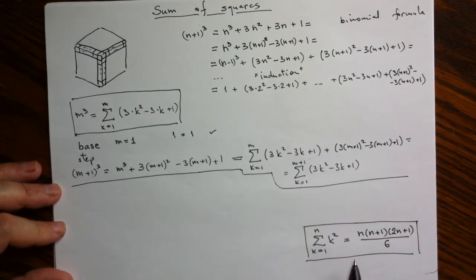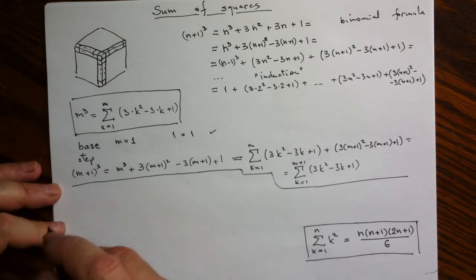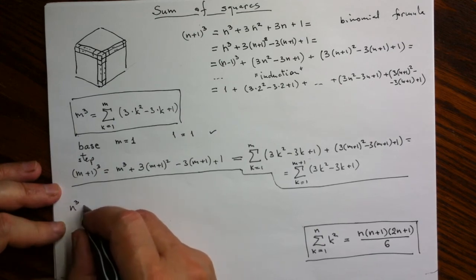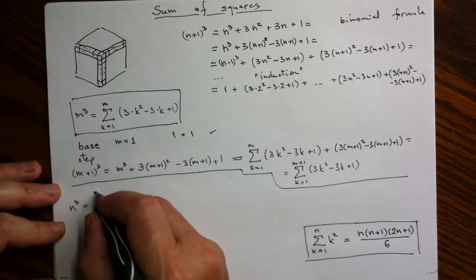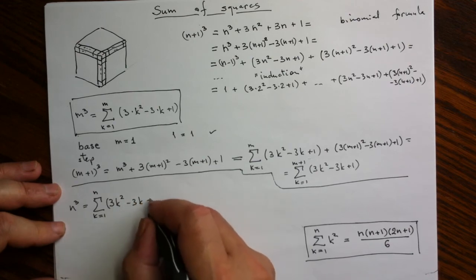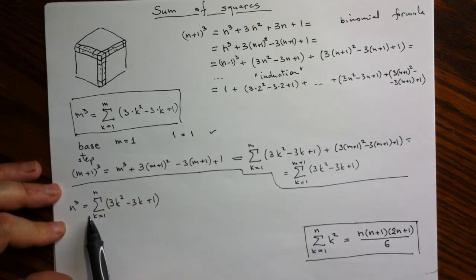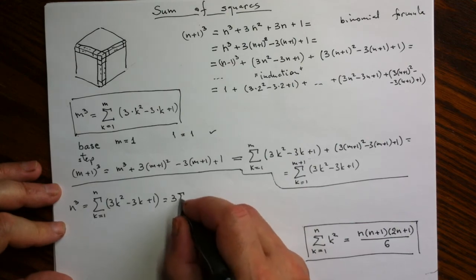And now finally we can use it to derive this answer for the sum of squares. So what we need to do is, okay, let's just go back to our n. Let's write n cubed as the sum of all these expressions in the running index k. And now break it according to the inner structure of the summand, break the sum. So we'll have three sums.